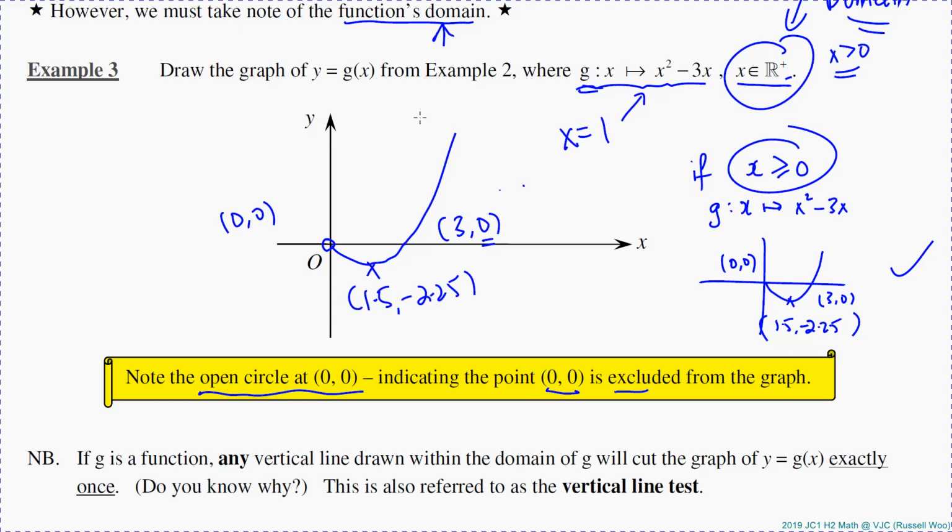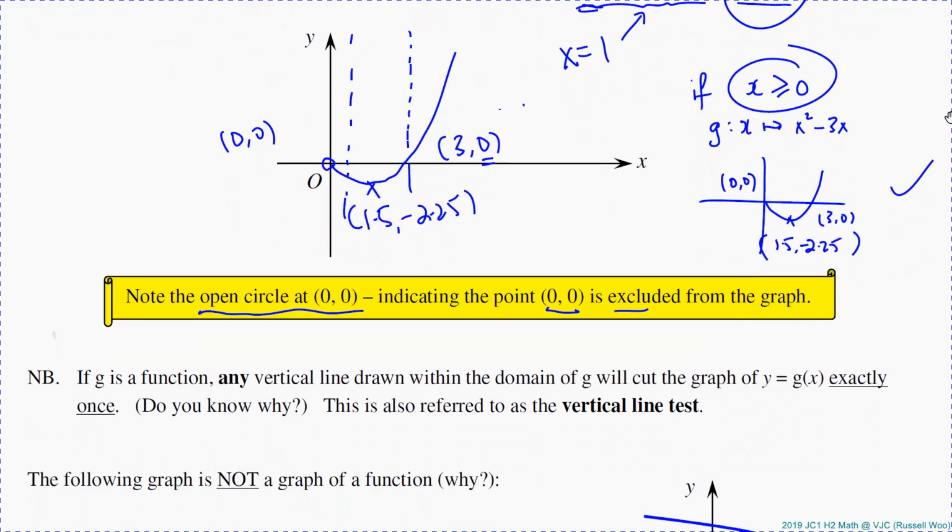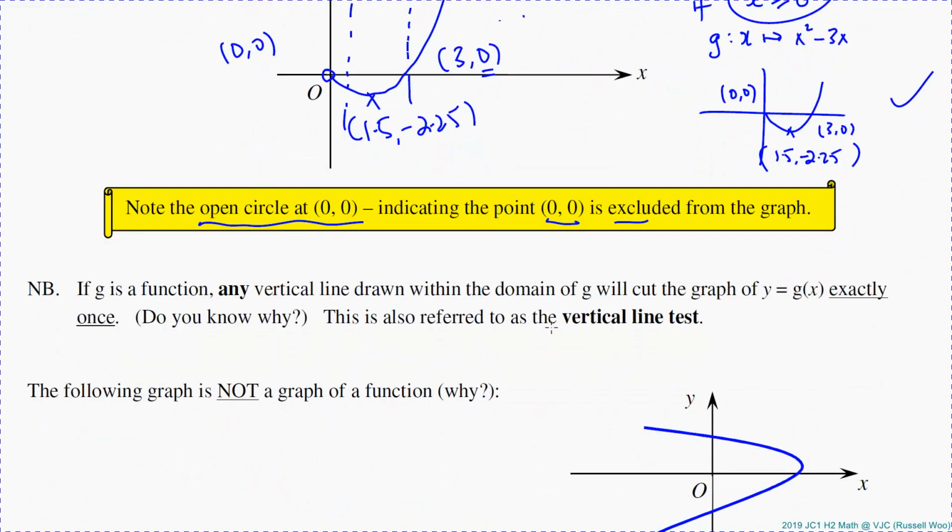Which means the implication is every vertical line you draw should only intersect once, because you put in one x, you should only get one y. That is the reason why you must pass the vertical line test. Otherwise, it cannot be called a function.